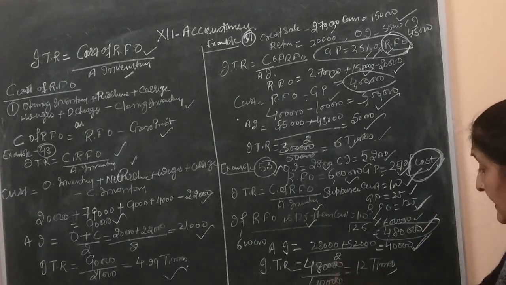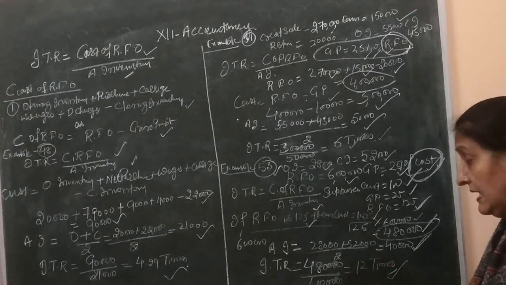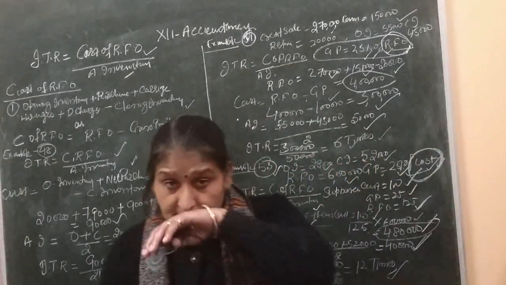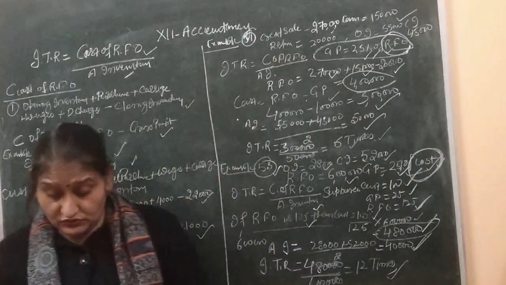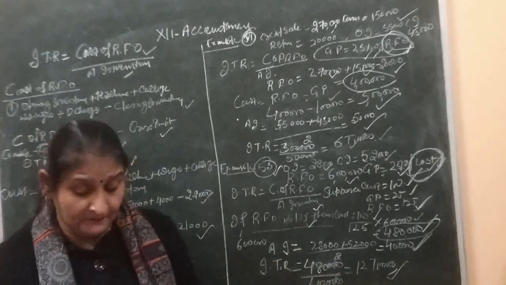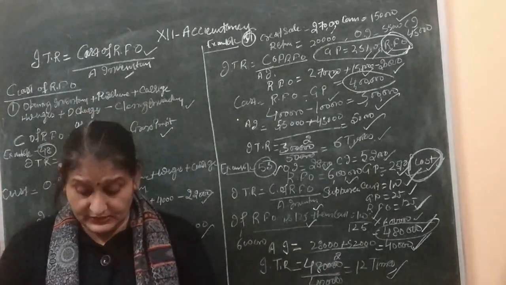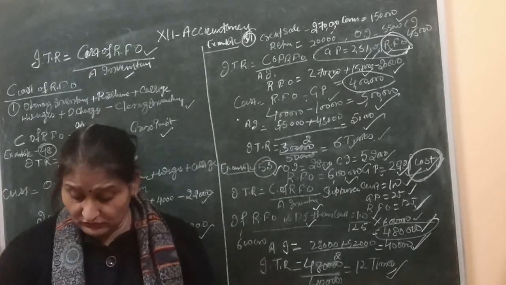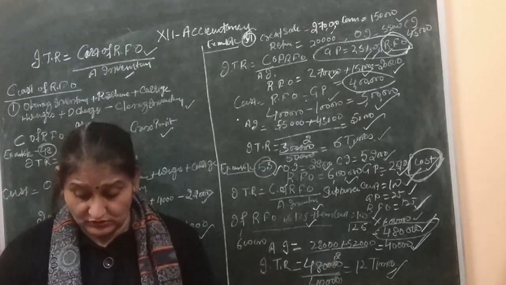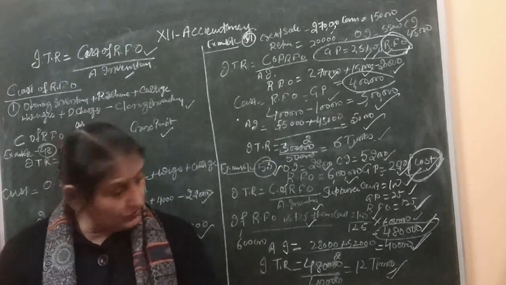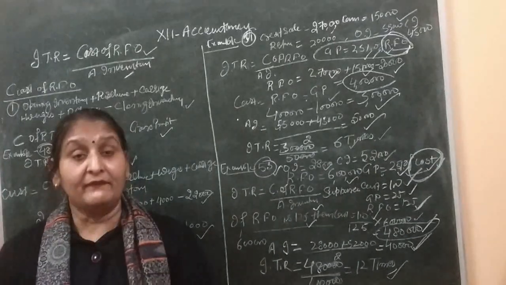So 4,80,000 divided by 40,000 is 12 times. So students, these were the questions on inventory turnover ratio. Now you have to complete your back exercise questions up to question number 55. Thank you.